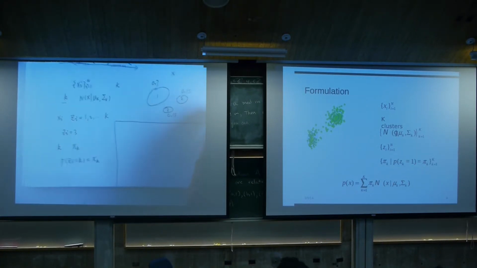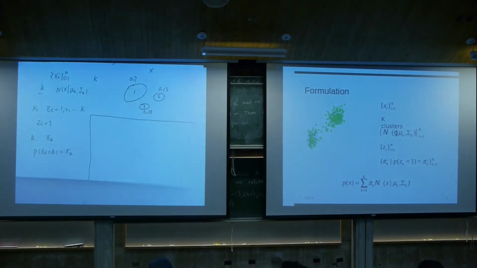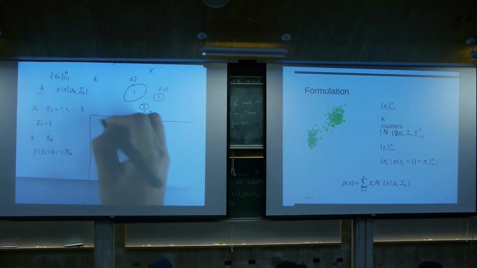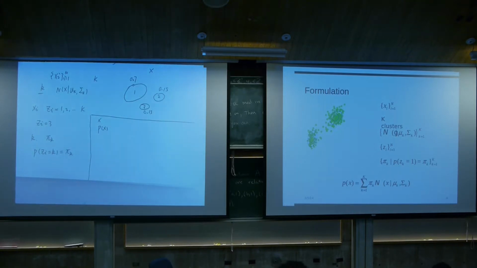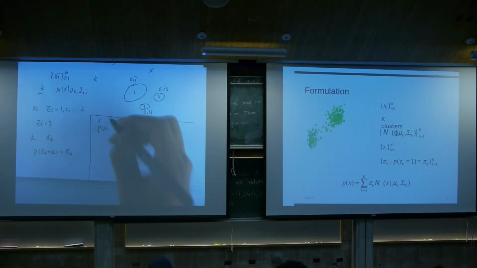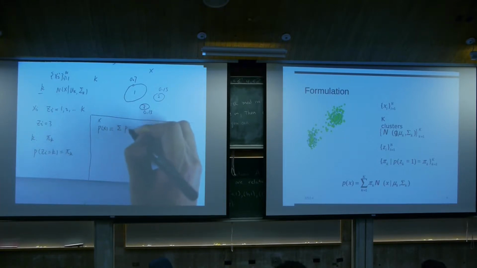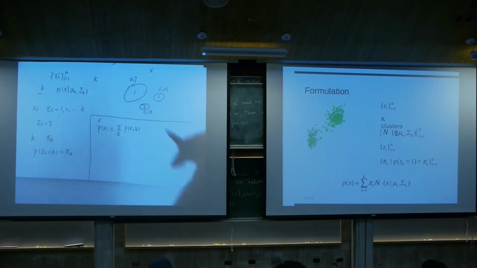Given this setup, we are going to derive the distribution of a Gaussian mixture model. So given a point x, the probability under the Gaussian mixture model is p(x), which equals, right, p(x, z) is the joint probability. So we marginalize z out, and we get the marginal probability of x.